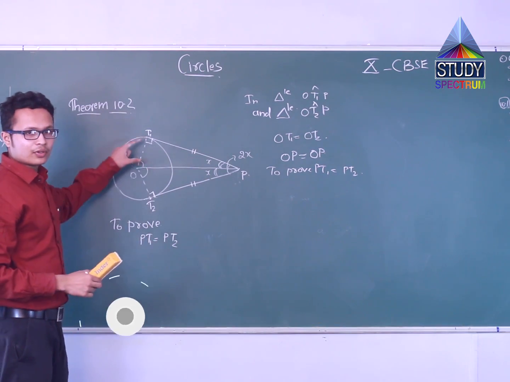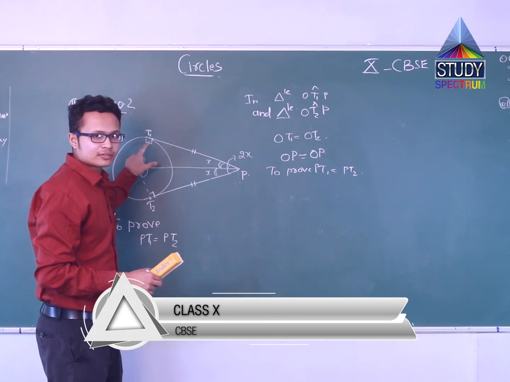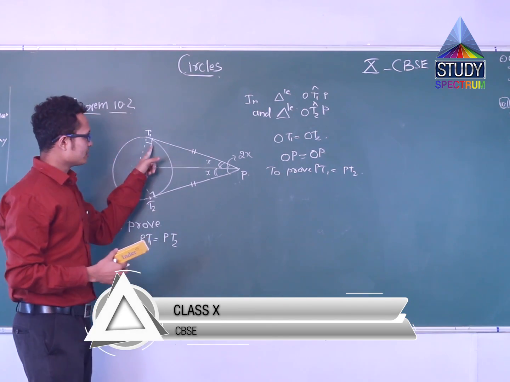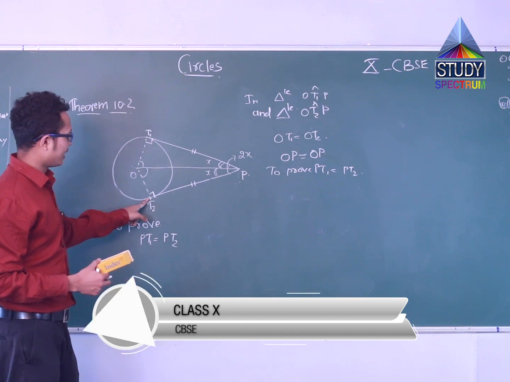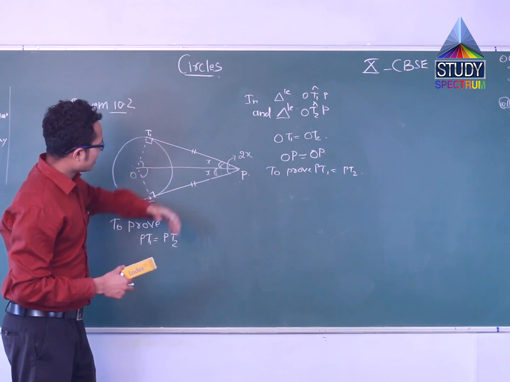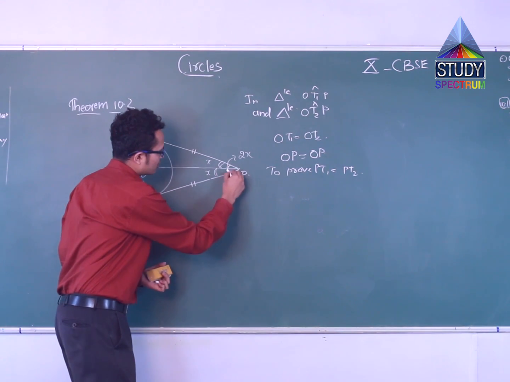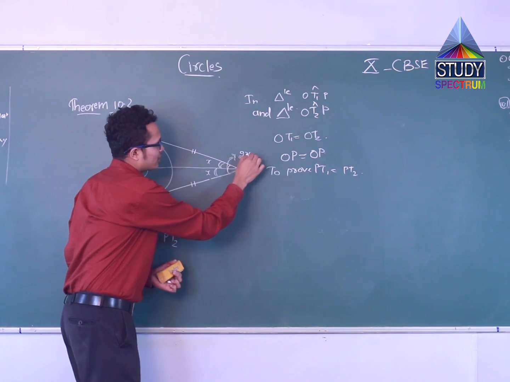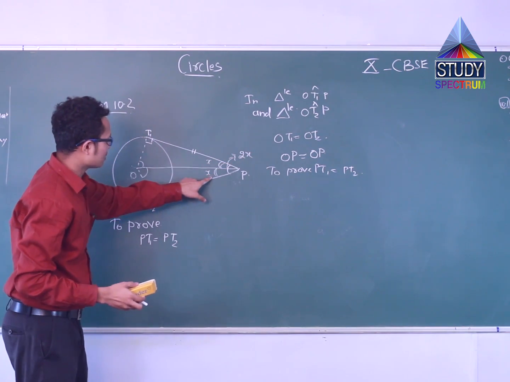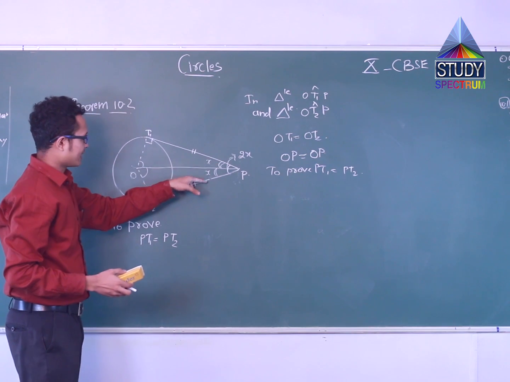That is because we know that the sum of all the angles in a triangle is 180 degrees. So I'll repeat this again. This is at right angles, and this angle is also at right angles. And I've drawn OP here, which bisects the entire angle 2x, which means that half the angle goes here and half the angle comes here. Half is x.